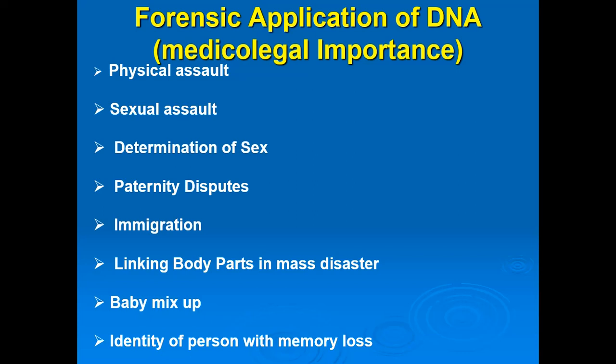In all these cases, body parts may not be found together, especially in air crashes and earthquakes. So what can be done? Different body parts have to be linked together to identify one person. So DNA is a good or surest method. Maybe you don't find any fingerprints, or any other test is not possible other than DNA.